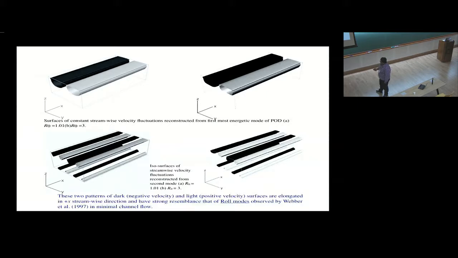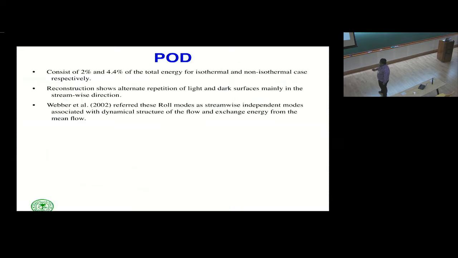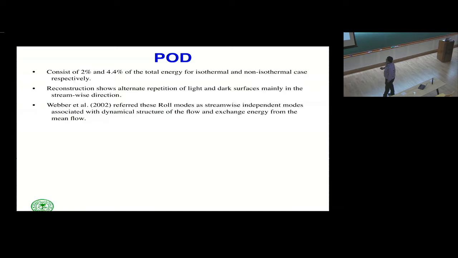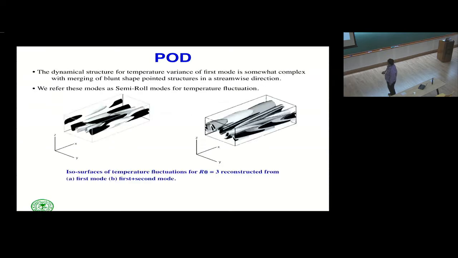If I do another reconstruction with only the second mode, I get more elongated structures, which I call the roll modes, following Weber's paper on minimal channel flow. You can see that this consists of 2.2% of the energy, and for the isothermal and non-isothermal cases, the reconstruction shows a streamwise direction, and these are the roll modes.